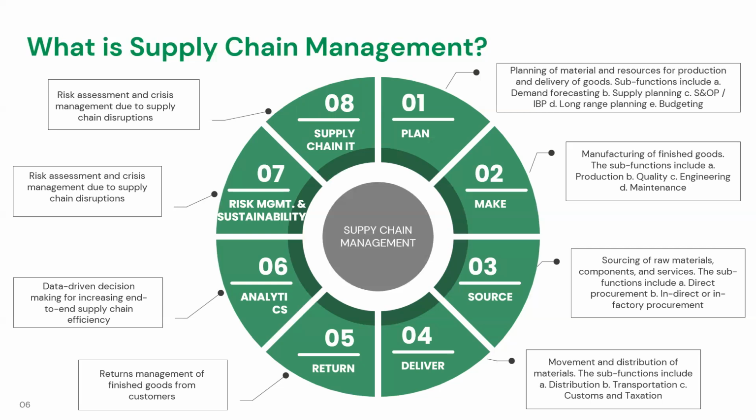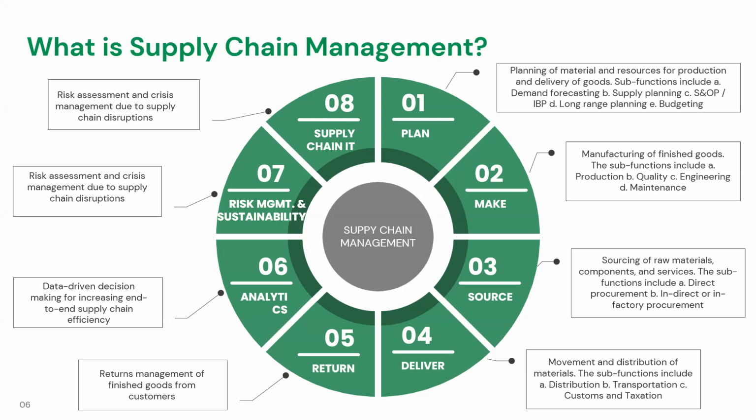So all the systems that support the overall operations, the IT systems like enterprise resource planning, the planning platforms, the financial systems, the payment systems, warehouse management, transportation management system, which is TMS, as well as multiple other systems, correct, that are required to ensure the operations of the supply chain. So supply chain IT is also a very important one.